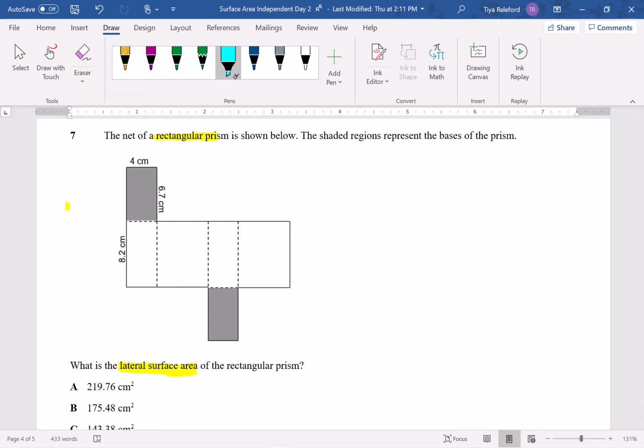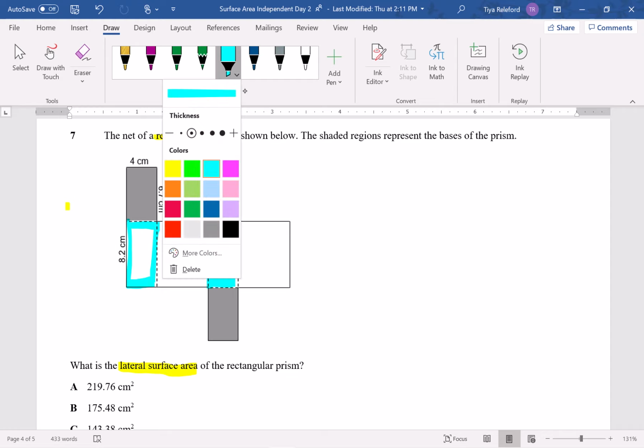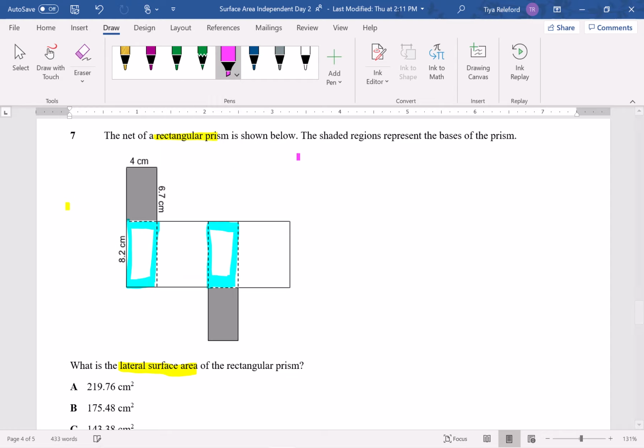I would do this one and this one because they're opposites, right? So they're going to be the same. And then I would do this one and this one. They're opposites, so they're congruent. So start with your formula.